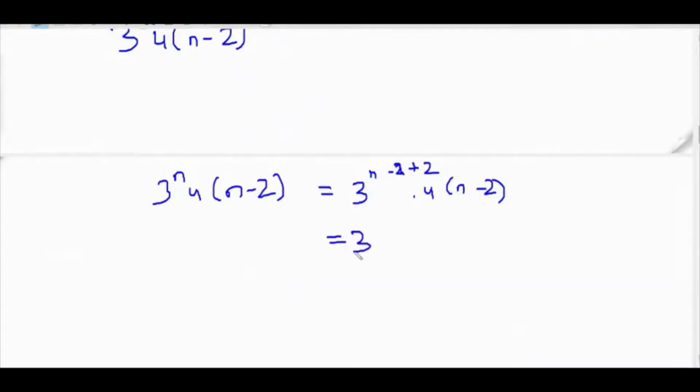So this becomes 3 raised to n minus 2 dot 3 raised to 2 into u of n minus 2. Here 3 raised to 2 is a constant, 3 squared, 9, into 3 raised to n minus 2 u of n minus 2.